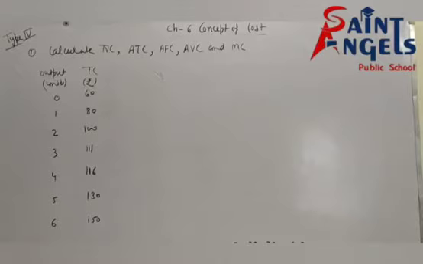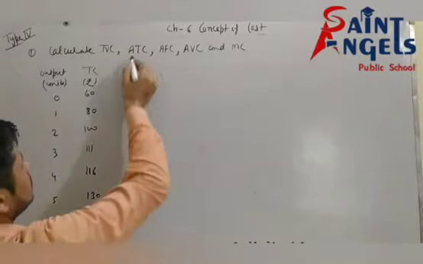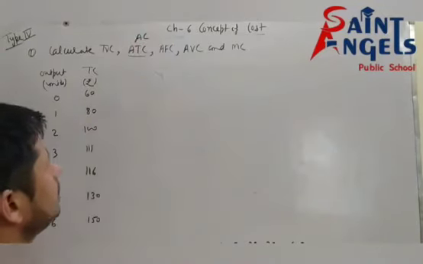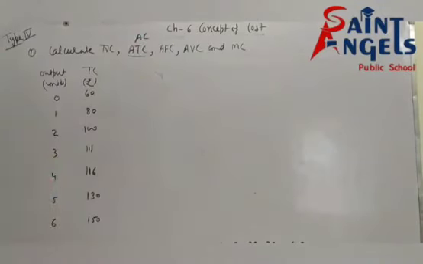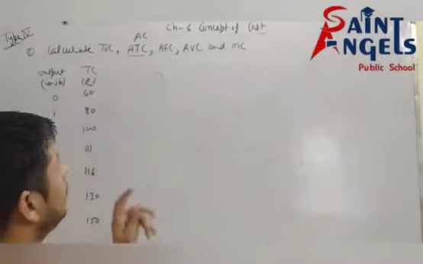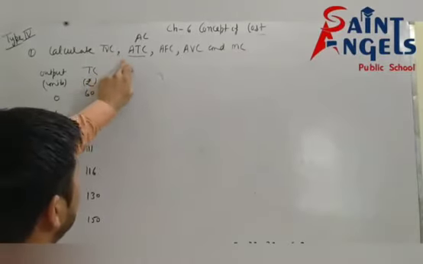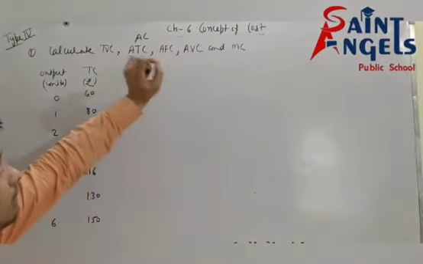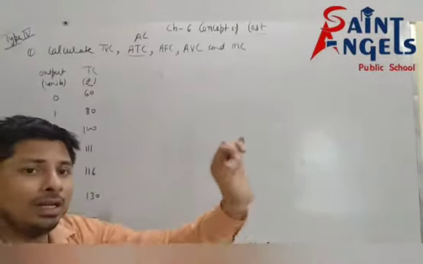Next question. Calculate TVC, ATC, AFC, AVC and MC. ATC means AC. Again, before finding all these costs, first of all you will calculate TFC.